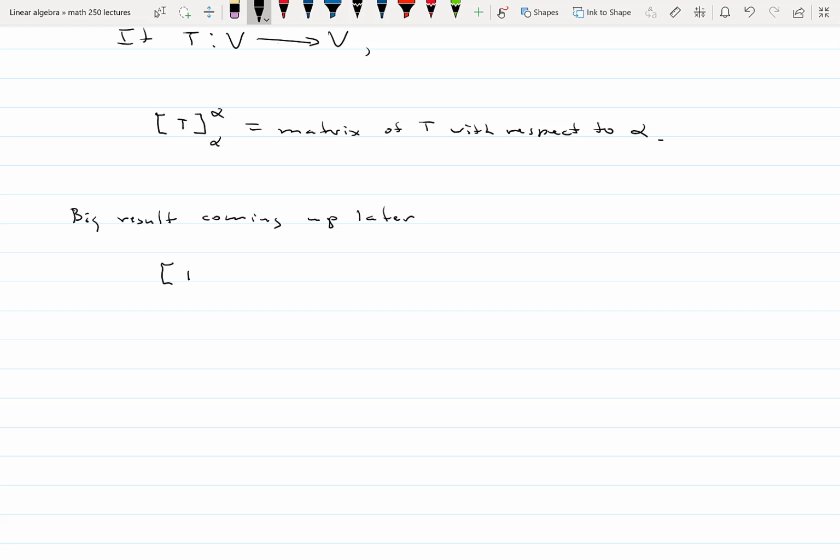The coordinates of T of V with respect to beta equals the matrix of T with respect to alpha and beta times the coordinate vector of V relative to alpha.